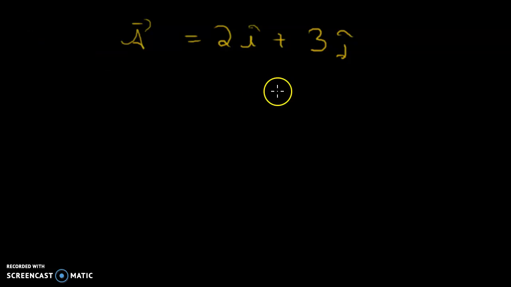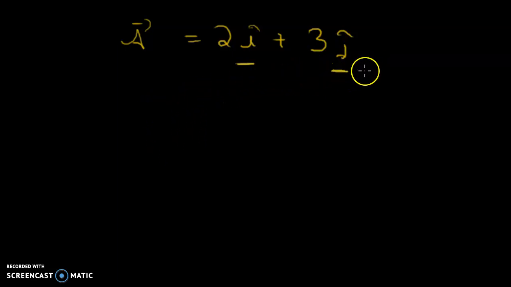Now let's talk about the same vector and try to combine things. Say a is this vector, 2i cap plus 3j cap. What does it actually represent? It represents that in the x-axis its component is 2, that means its magnitude. In the positive y-axis, its magnitude is 3.